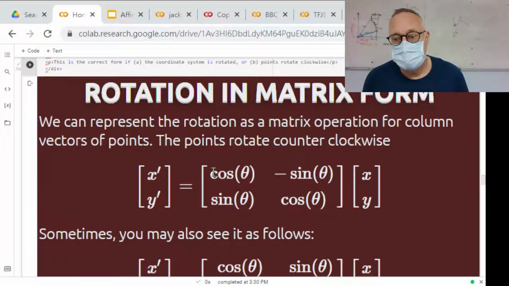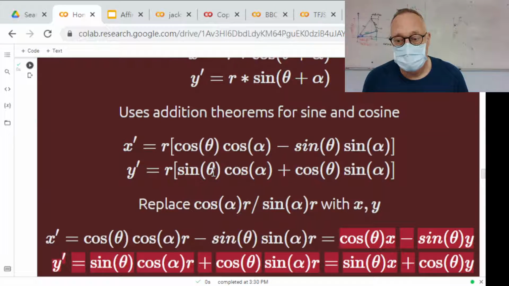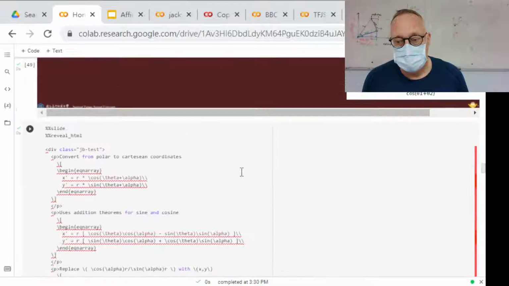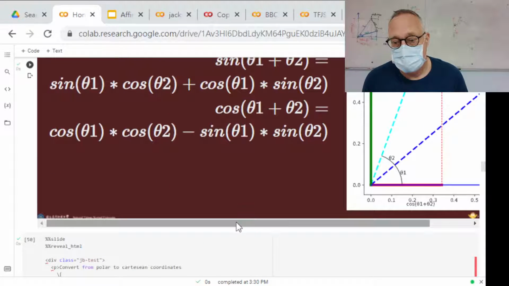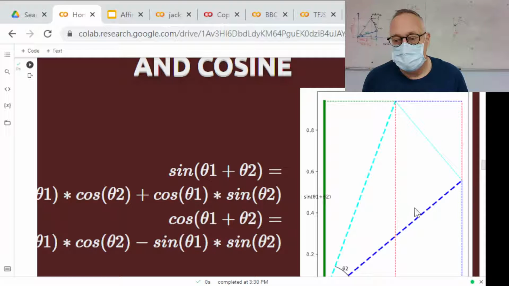Oh, and usually the rotation is counterclockwise, like in mathematics. Like here, a positive angle would be a counterclockwise rotation of the points, which is a clockwise rotation of the coordinate system.